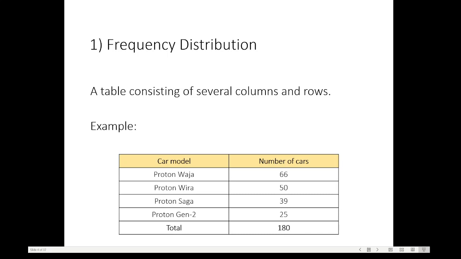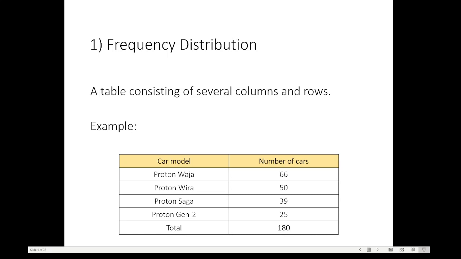So meaning to say, if you have Proton Wajah 66, let's say this is the number of cars sold by a salesperson in the first quarter, for example. Salesperson A sold about 66 Proton Wajah, 50 Proton Vira, 39 Proton Saga, and 25 Proton Gen 2.